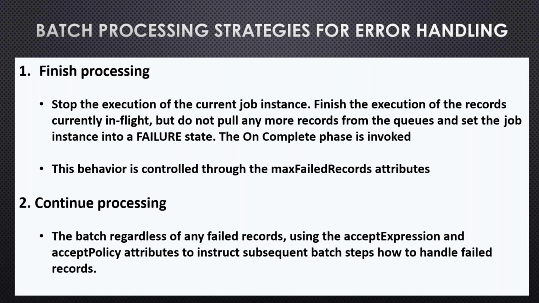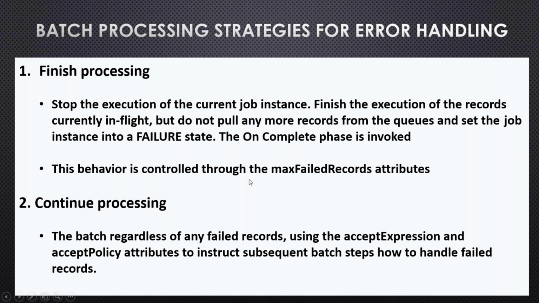Assume we are processing 1 million records. If a minimum of 10 errors occur, still you would like to continue the process, we can do that. But if after 10 errors occur we would like to stop the batch job execution, yes, we can do that.